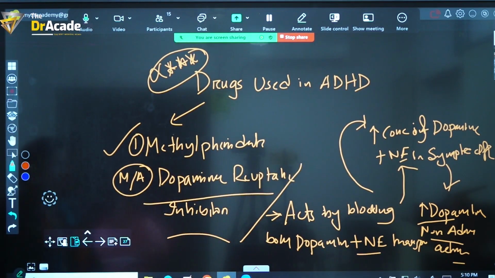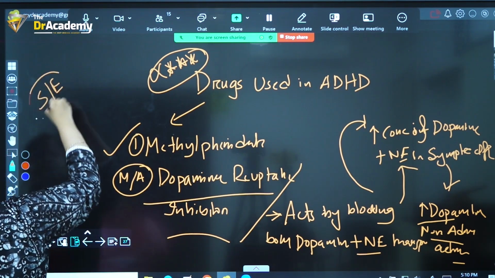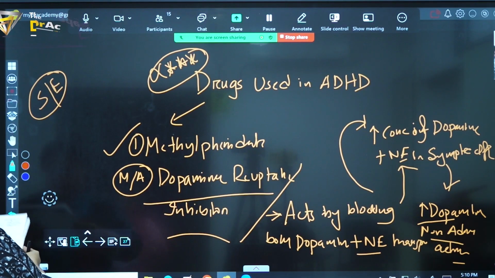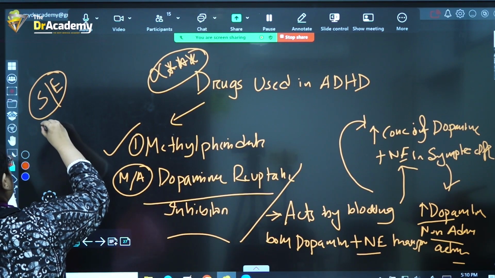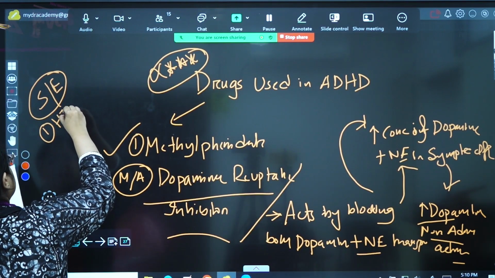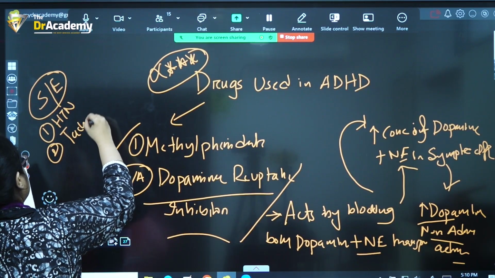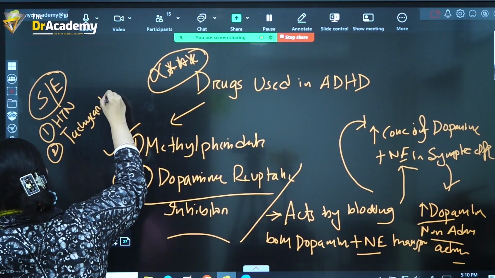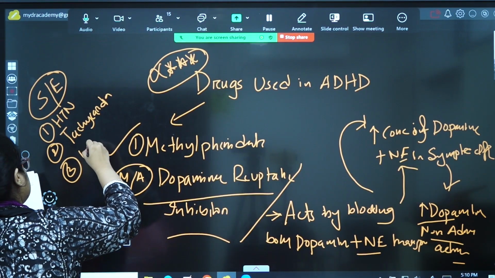So what are the side effects of methylphenidate? The side effects of methylphenidate are number 1, hypertension. Number 2, tachycardia. Number 3, growth retardation.